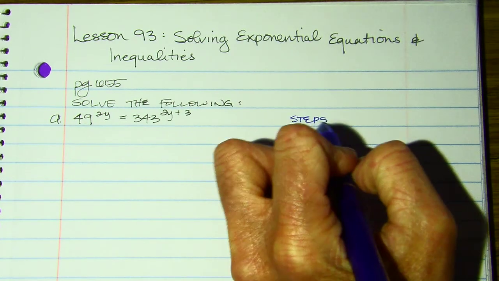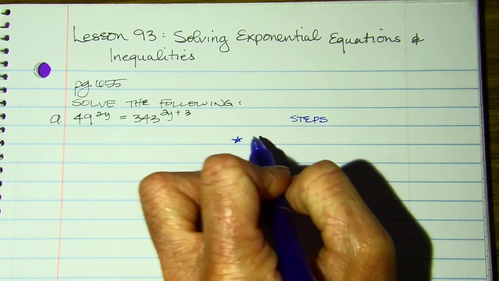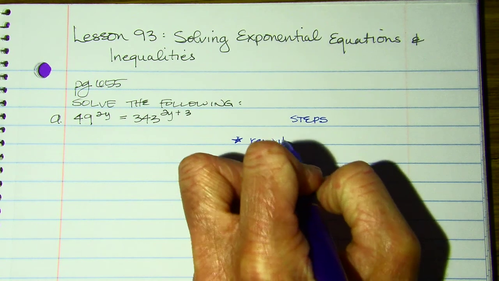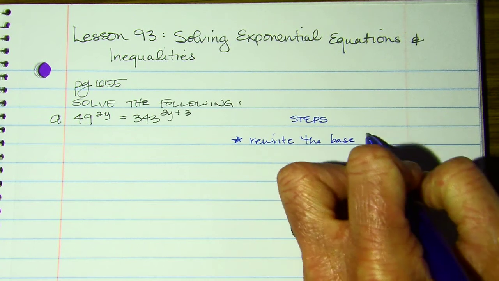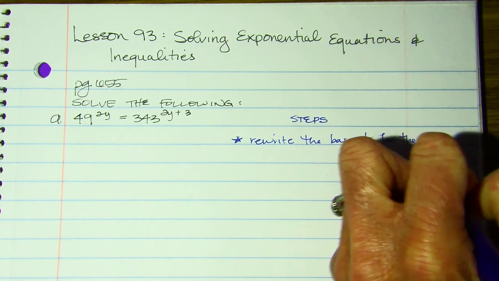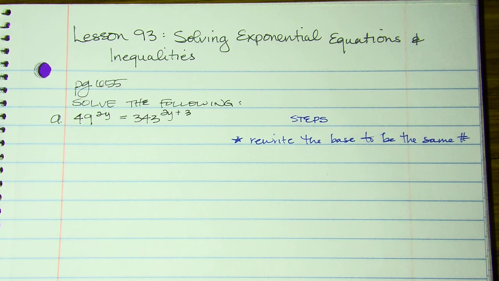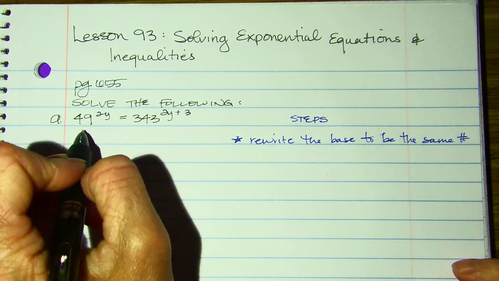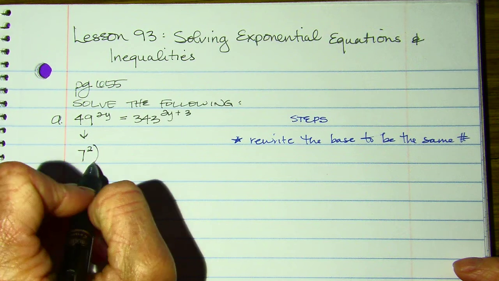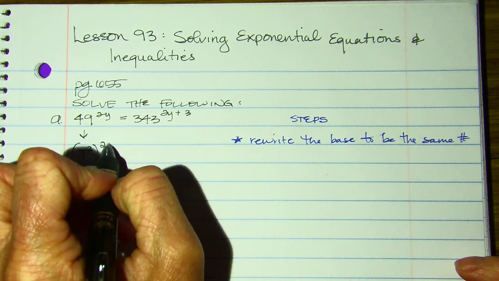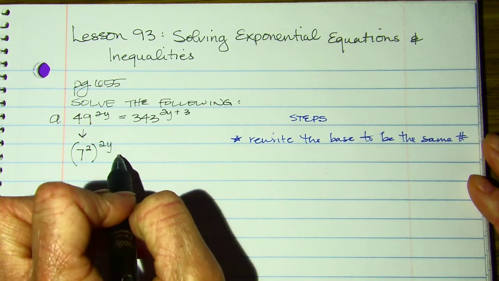For this kind of problem, the first step is to rewrite the base to be the same number. 49 can be rewritten as 7 squared, and on the outside I still have 2y.